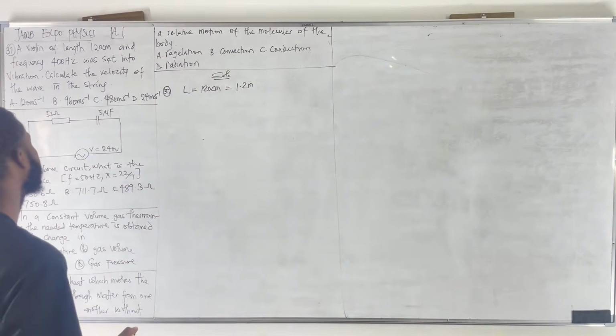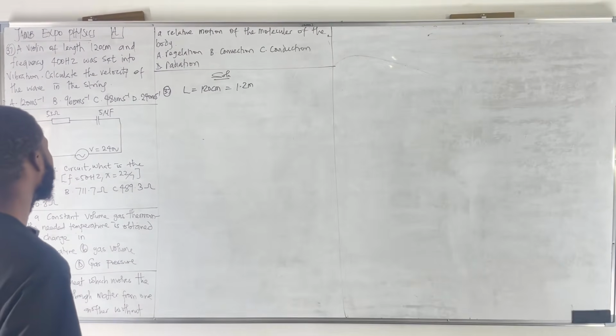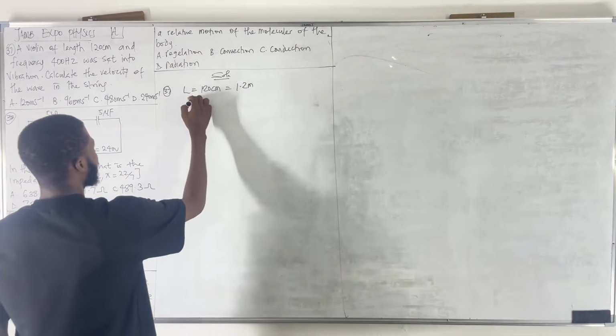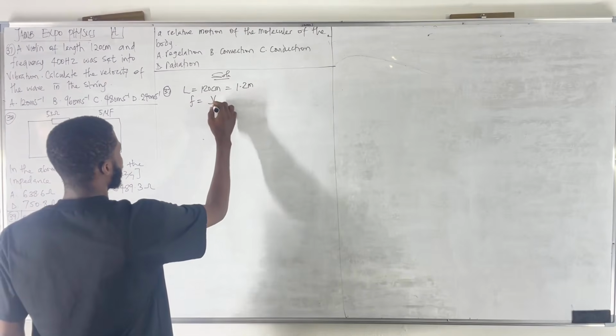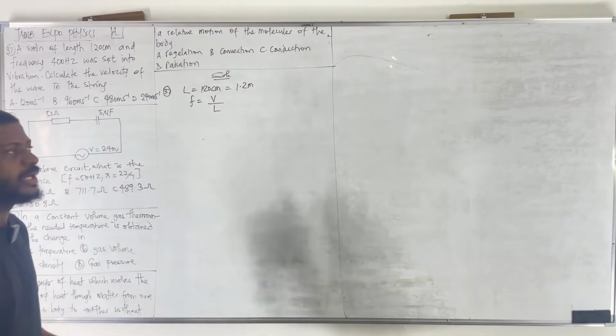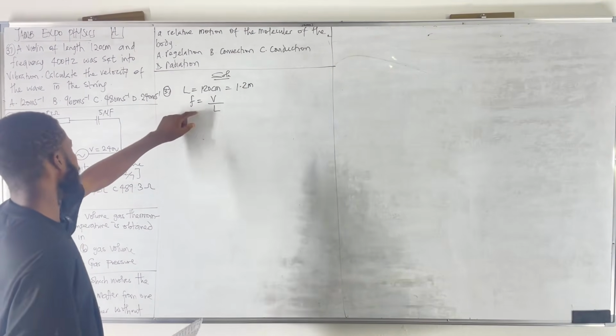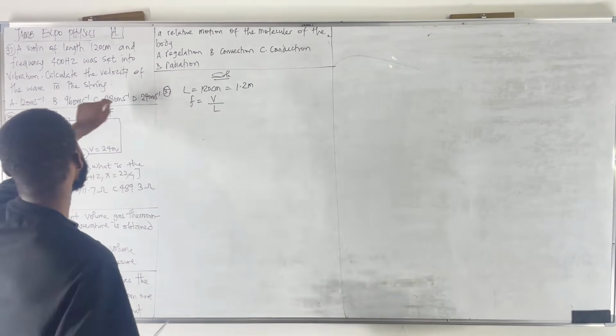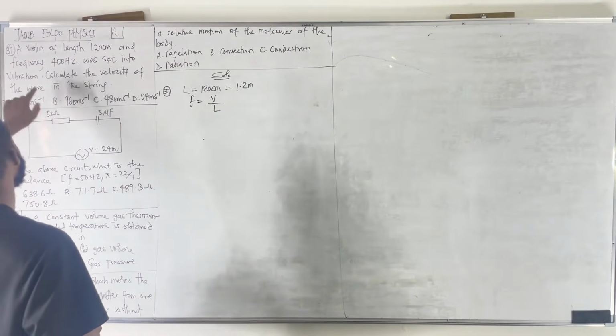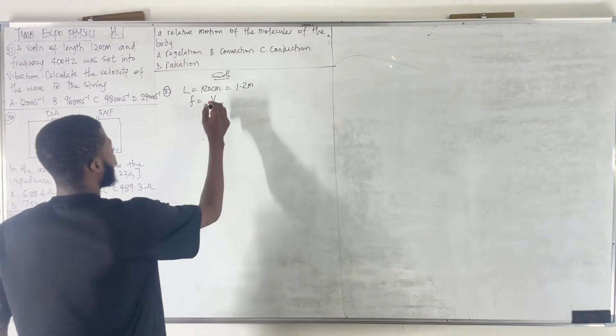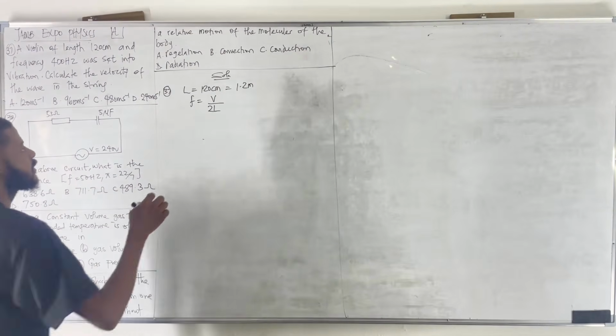Now, we know that frequency is velocity over length, velocity over L. But when you set a violin to vibration, the length here will be 2L. So take note of that.